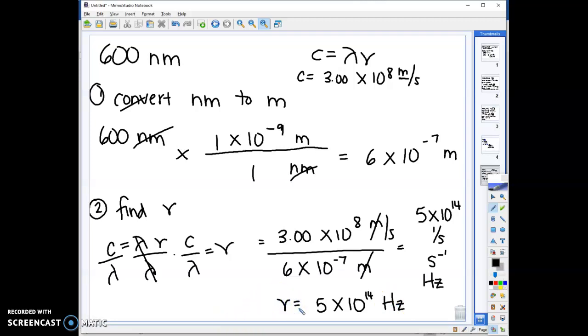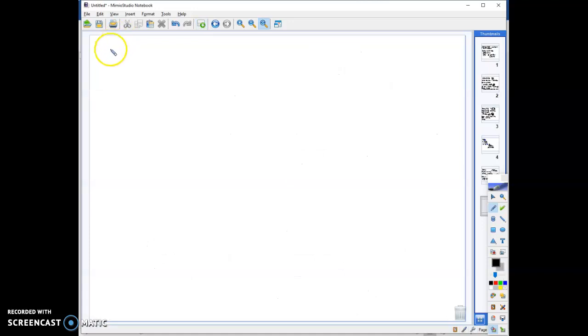But I'm not quite done yet. Now I need to convert to terahertz. So now my third step in my problem is to convert my frequency to terahertz. So I have my frequency in hertz, 5 times 10 to the 14.